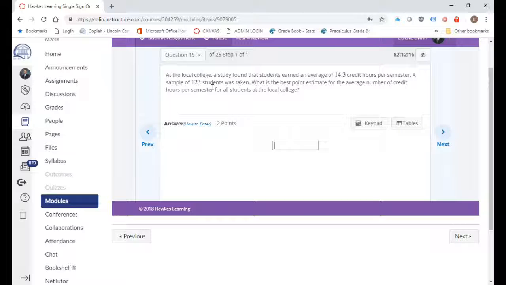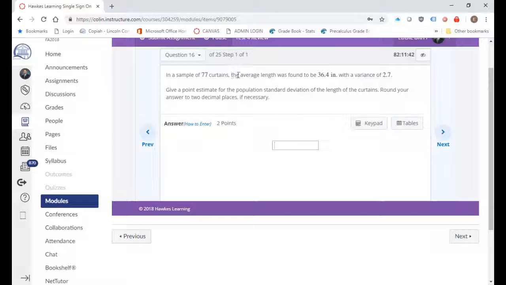What is the best point estimate for the average number of credit hours per semester for all students at the local college? So we're looking for the best estimation of hours. The only thing that we're given about hours is the 14.3. So that is our point estimate. That's what we have to use, because that's the only information we have when we're talking about the average number of credit hours.